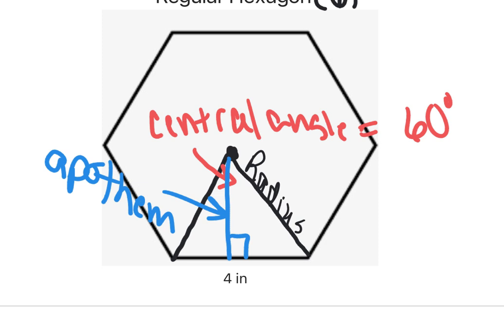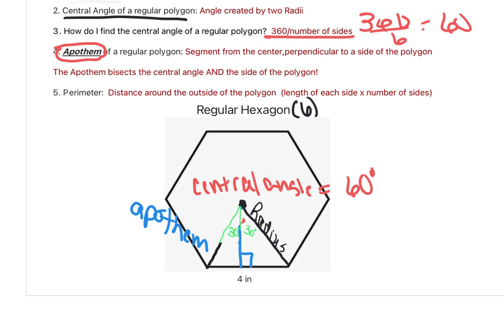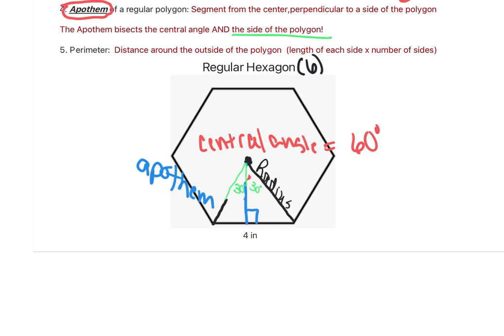I'm going to erase some of my arrows so that I can actually see this a little bit better. That means it bisects, which means this is going to be 30 degrees, and this one is also going to be 30 degrees. And it also bisects the side of the polygon, which means this side here is 4, so that apothem drops down in there, and this half would be 2 inches, and this half would be 2 inches.